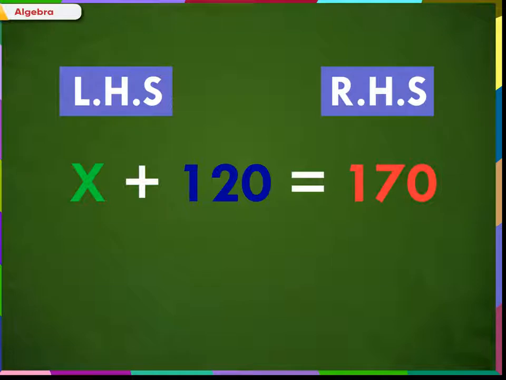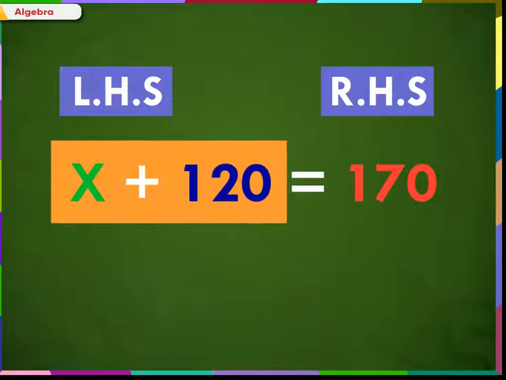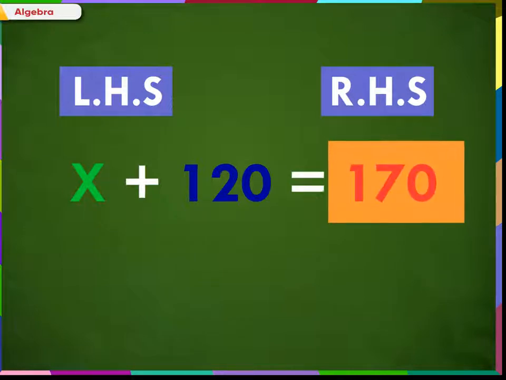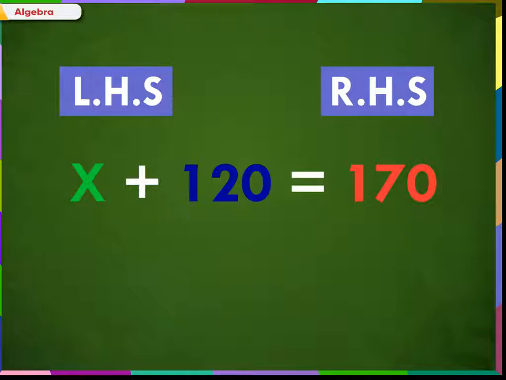In this equation, the quantity x plus 120 is the LHS and the quantity 170 is the RHS. It is important that the value of these 2 quantities should always be equal. Only then can we say that the equation is true.